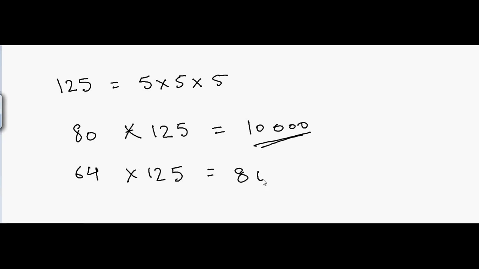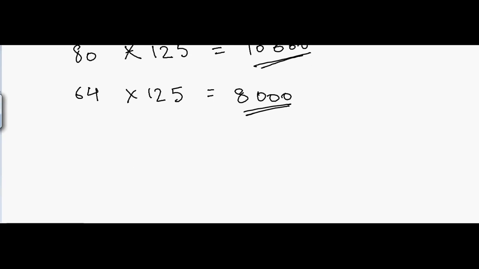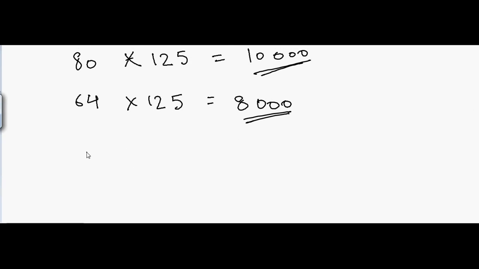So it will be 8000. And let's take another example, 128 by 125. In this case, 128 divided by 8 is 16, and then we put 000 in the end. So that is our answer.